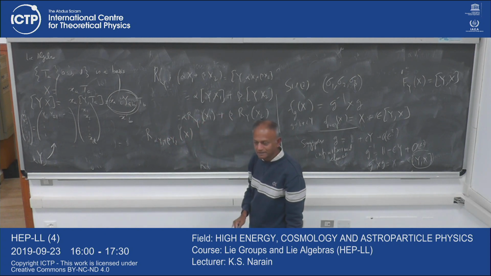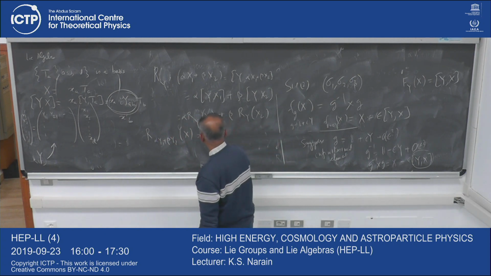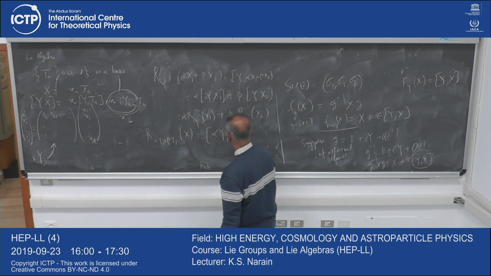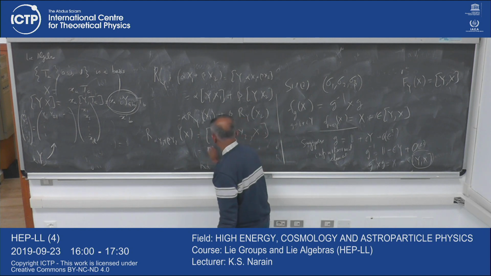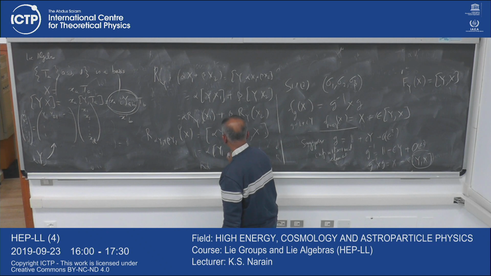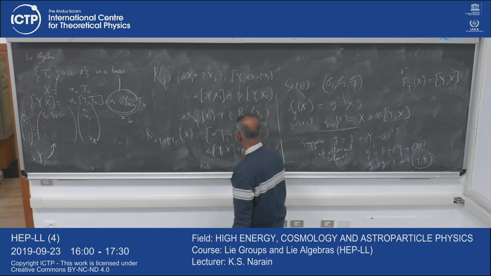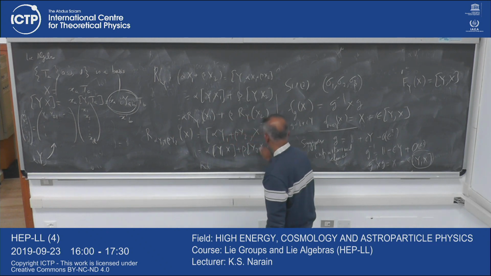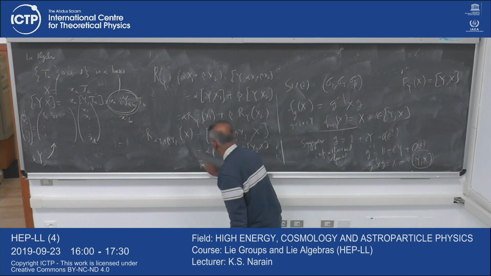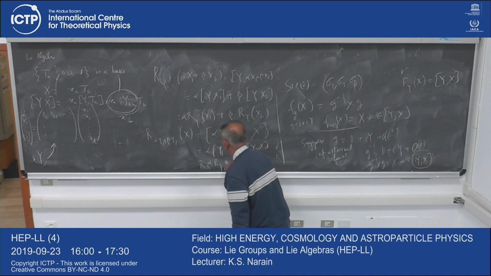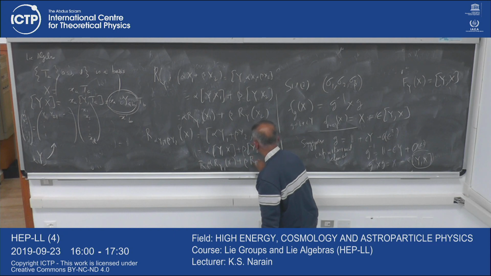This is the same as the commutator of alpha y1 plus beta y2 acting on x, which is the same as alpha commutator y1 x plus beta y2 x, which is the same as alpha R_y1 acting on x plus beta R_y2 acting on x.